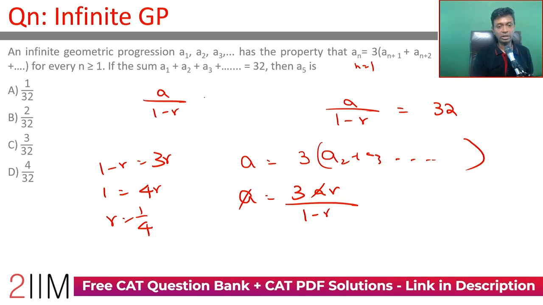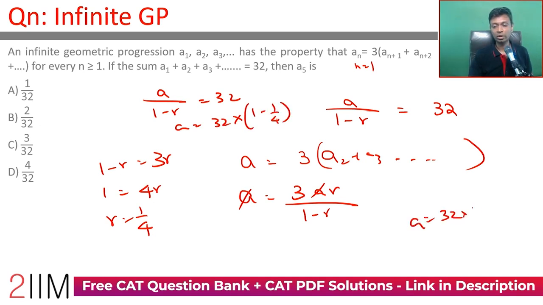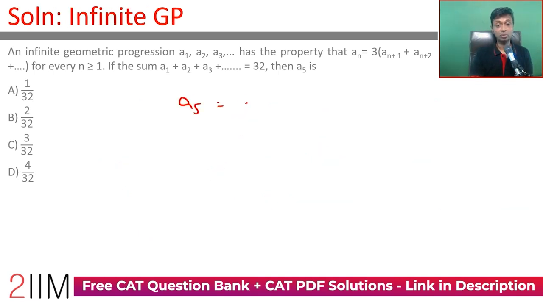A by 1 minus R is 32. A equals 32 into 1 minus 1 by 4. A is 32 into 3 by 4, which is 24. We want to find A5. A5 is AR power 4. A is 24.